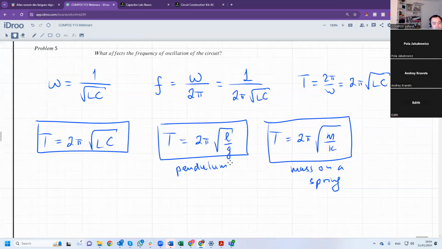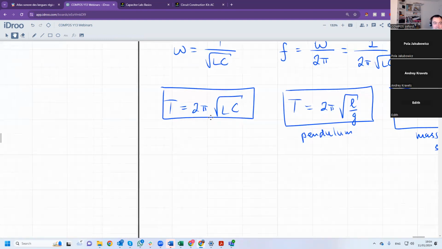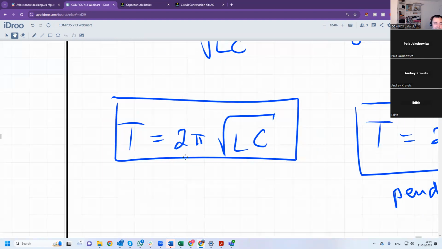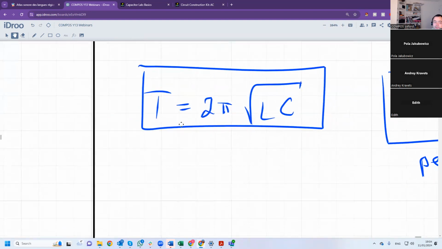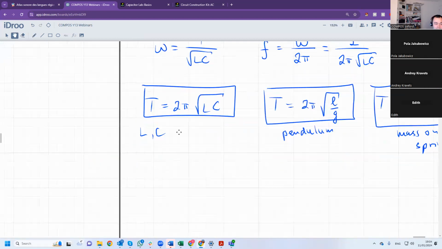Now, let's focus on this. What affects the frequency of the oscillation? What are the two factors that affect the time period and hence the frequency? Well, it's L and C. Let's say you want to have a circuit with a very high frequency.